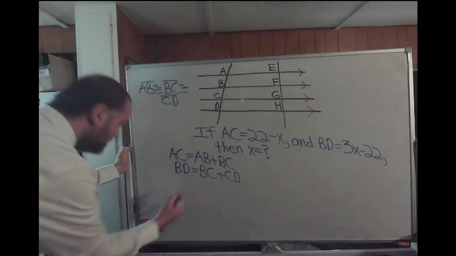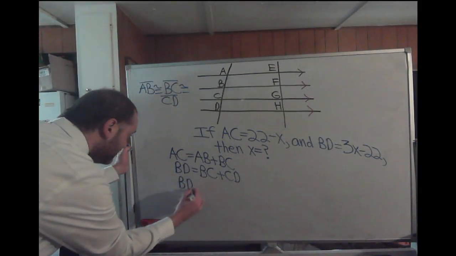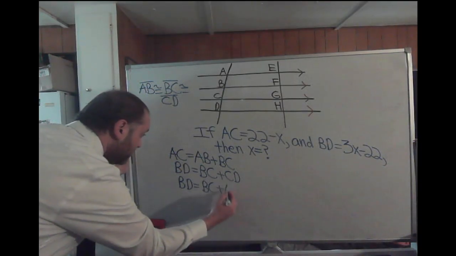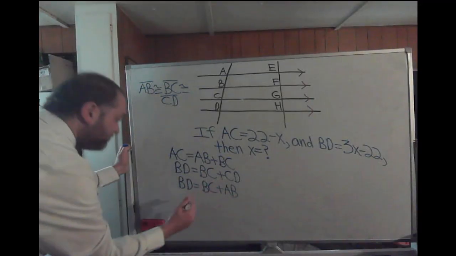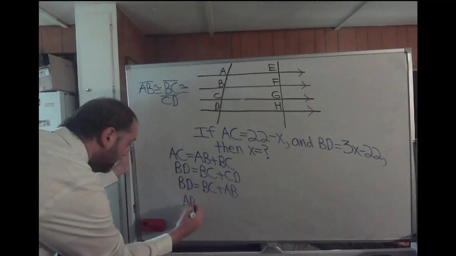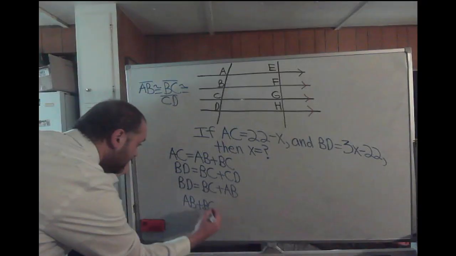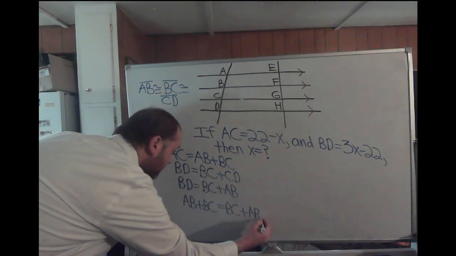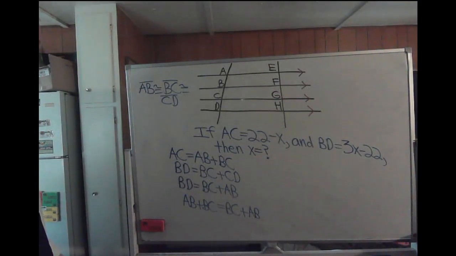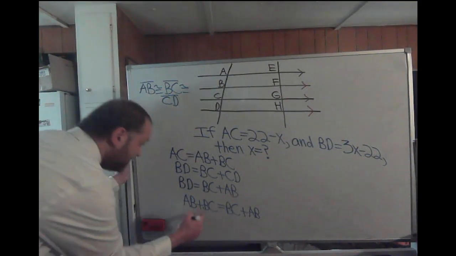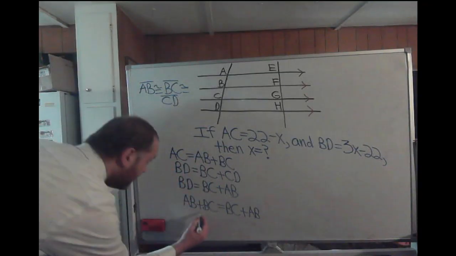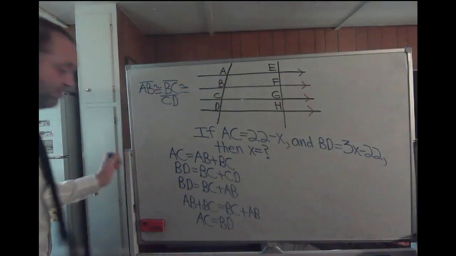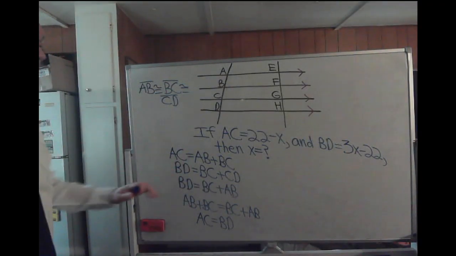Because it's congruent. So we can actually say then that BD is also equal to BC plus AB. Well, it would be true then that AB plus BC is equal to BC plus AB, right? Which then proves what? We can substitute each of these for AC equals BD. So now we've proven that AC equals BD.